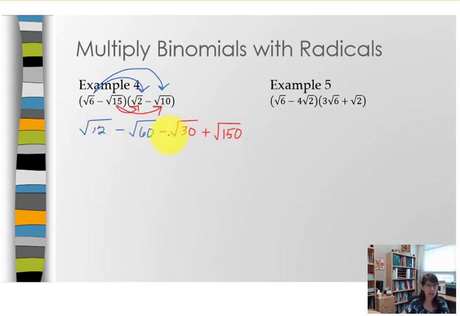So notice 12, 60, 30, and 150. Those are all different numbers. So at first glance, none of these are going to be combined. But what we really need to be thinking about is, can we simplify any of these terms before we think about trying to combine any of those terms? So maybe 12 is a quick one to start with. What times what would make 12?